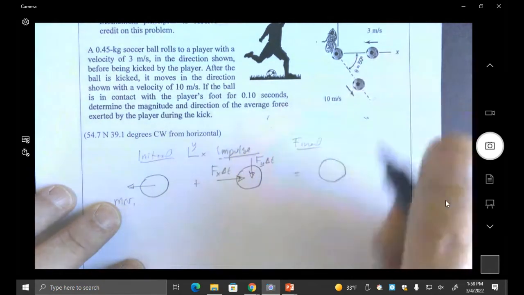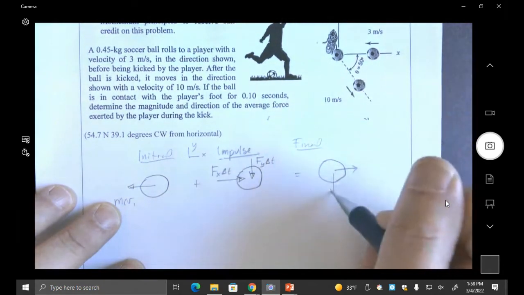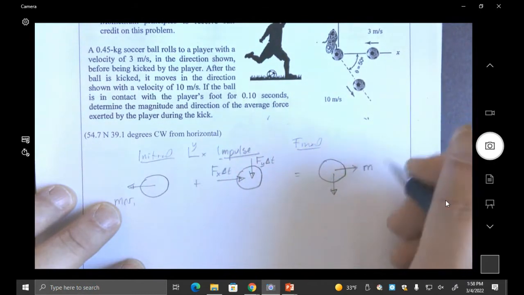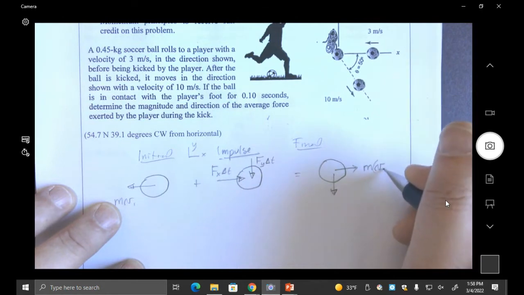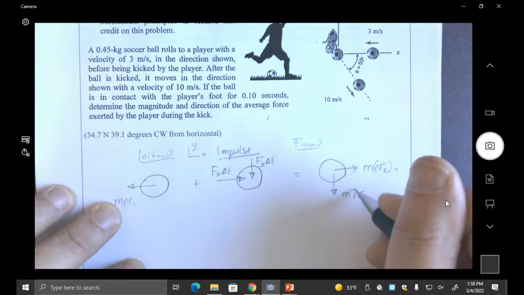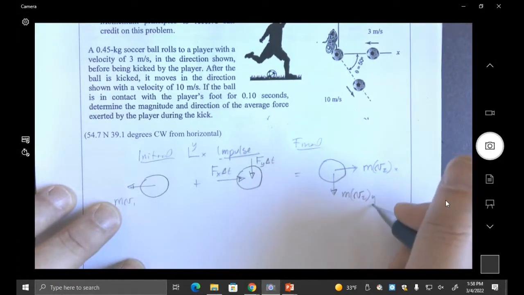And then, when this thing is done, I'll break it down. I'm going to say that it's going to have m v2x and m v2y.